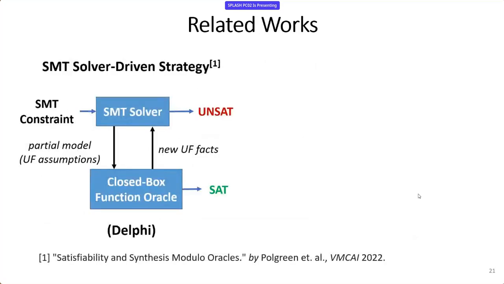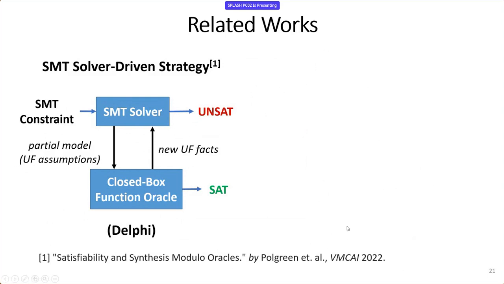So I'm going to show you some related works that have been done in this regard. One was the tool Delphi. It was published in VMCAI 2022. This technique is purely SMT driven.